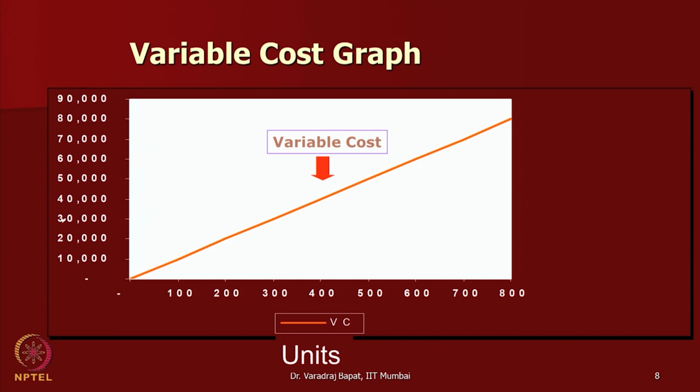So you can see the red line here, it is starting from 0. It cannot start with some amount. If it starts with some amount even at 0, it will mean that it has a fixed component. As per definition it should change with the level of activity. So it starts with 0 and it goes up in a linear form. So this is a variable cost graph.